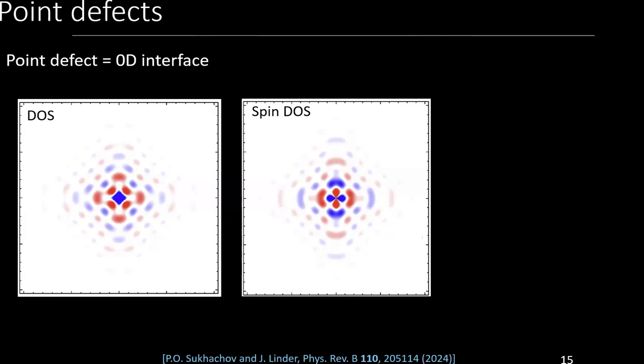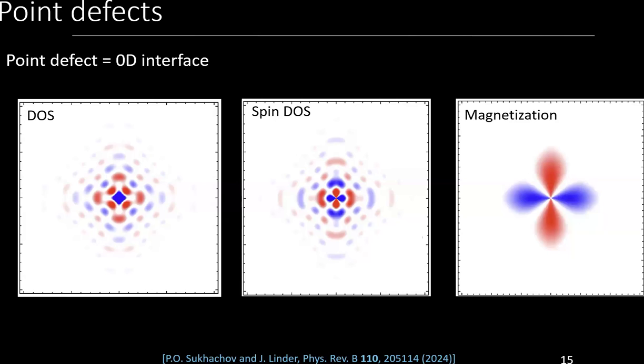So essentially, there will be some density of states per spin. And we can see that it has a characteristic d-wave symmetry. I'm using d-wave all the time. And if we integrate over energies, we obtain magnetization. And the magnetization will show that there is a local magnetization centered on that defect. So, as before, we show that the presence of a defect creates magnetization in our altermagnet.